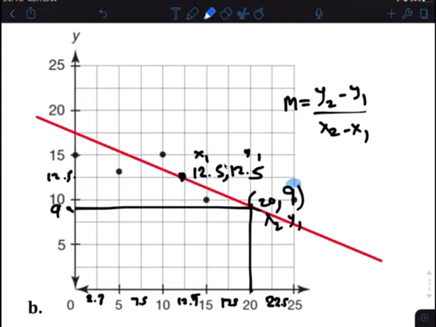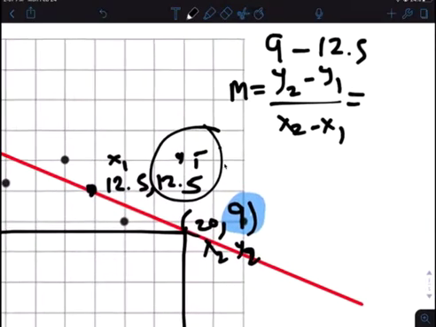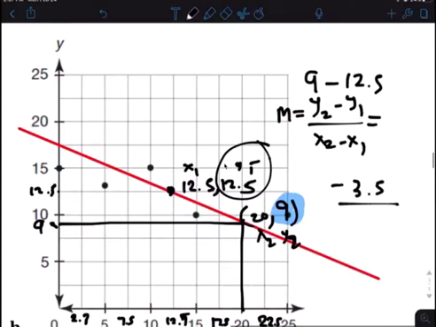So your y sub 2 is 9 minus 12.5, negative 3.5, over 20 minus 12.5, right?